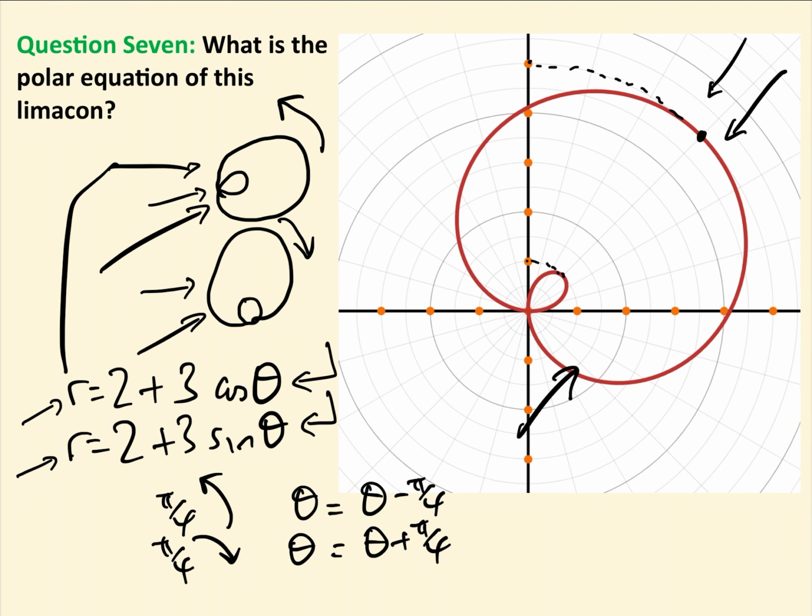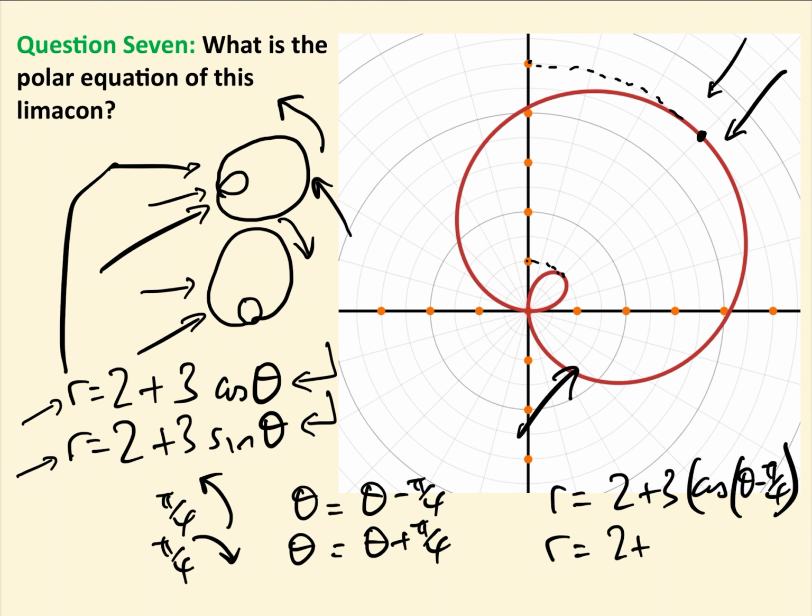Therefore the equation of this inner loop limacon is either r equals 2 plus 3 cos of theta minus pi over 4, i.e. the cos one rotated 45 degrees anti-clockwise, or it's r equals 2 plus 3 sine of theta plus pi over 4, i.e. the sine one rotated 45 degrees clockwise.